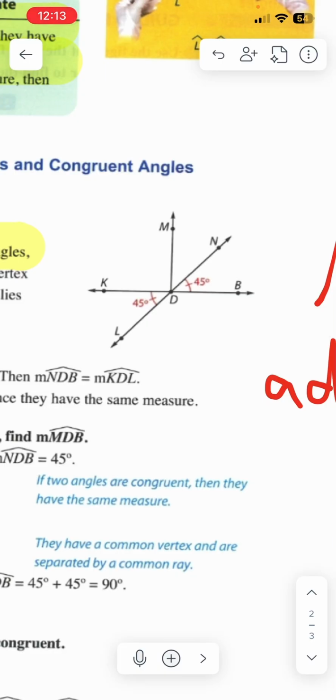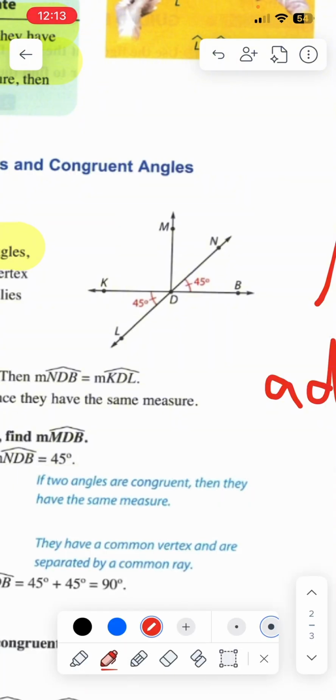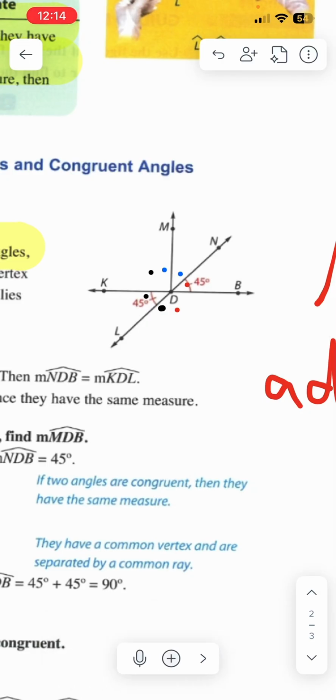LDB angle, I mean this angle, is adjacent with that one. This and this are adjacent together. This angle is adjacent with this one and also with this one. So neighbor angles are all adjacent.